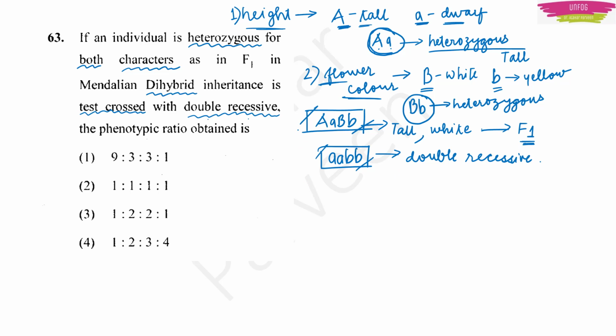So now he is saying that we are crossing this F1 generation with the double recessive individual, right? So now he wants us to tell the phenotypic ratio. Phenotype is the characters that are observable and they are controlled by the genetic constitution of the organism.